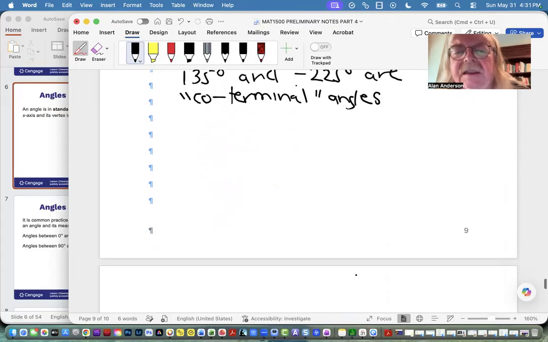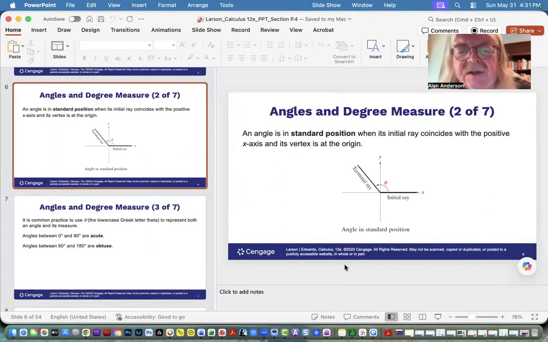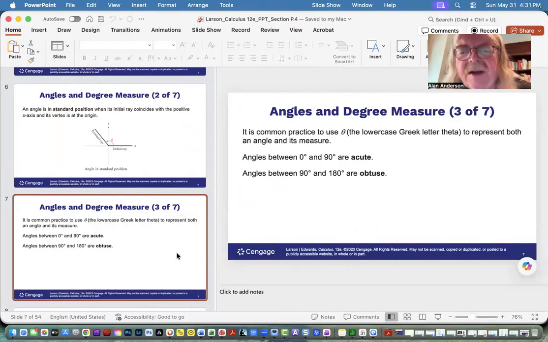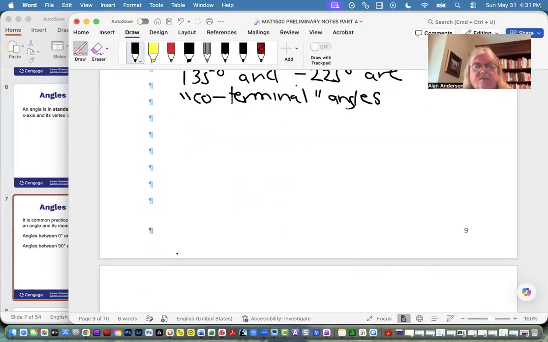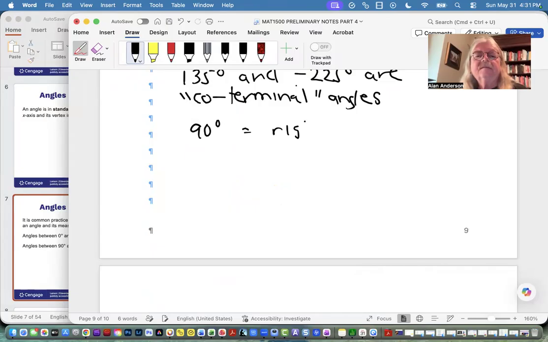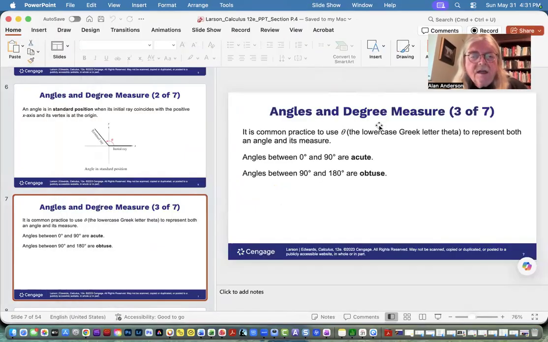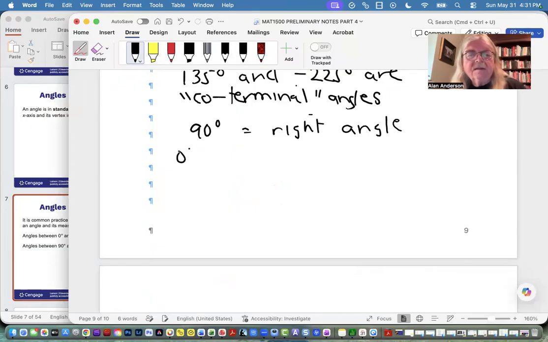Now, there's also some classifications here that are going to remind us an angle, if the angle is between 0 and 90, well, first, 90 degrees is a right angle. 0 to 90 is defined as acute.